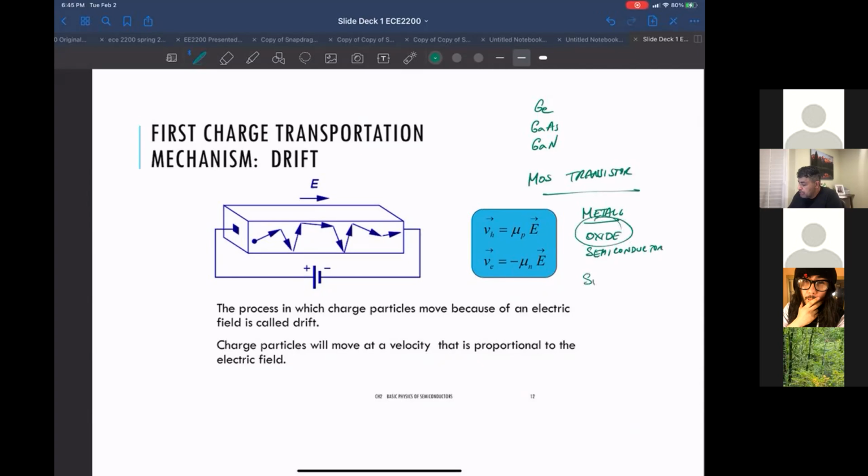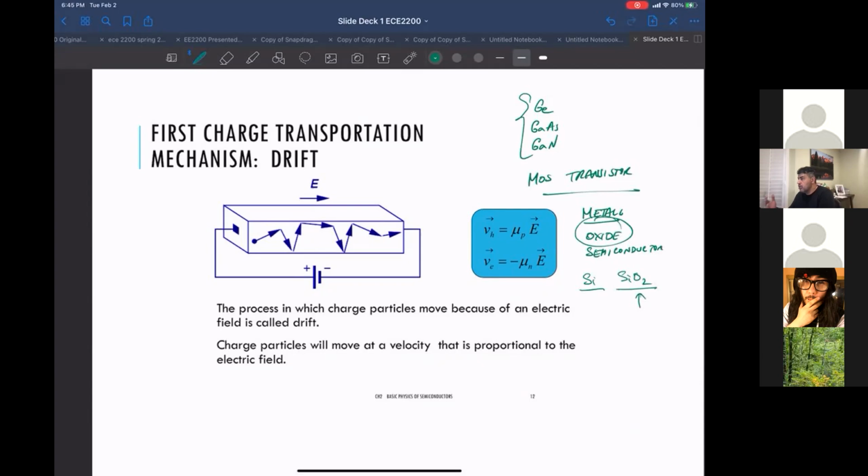It turns out that silicon has a very well-behaved oxide called silicon dioxide that makes a very, very clean interface for making these transistors. That is not the case for any of these other semiconductors. So people have been looking for another semiconductor that has such a nice oxide to be able to get a MOS transistor.